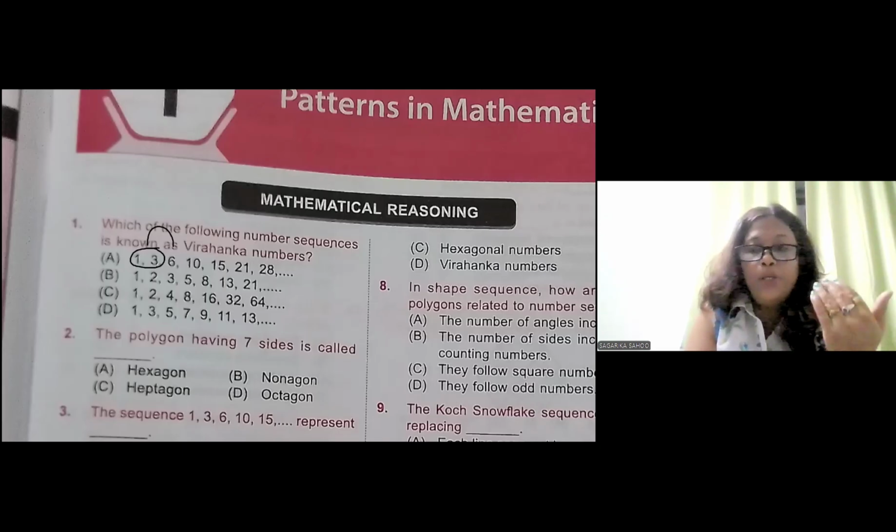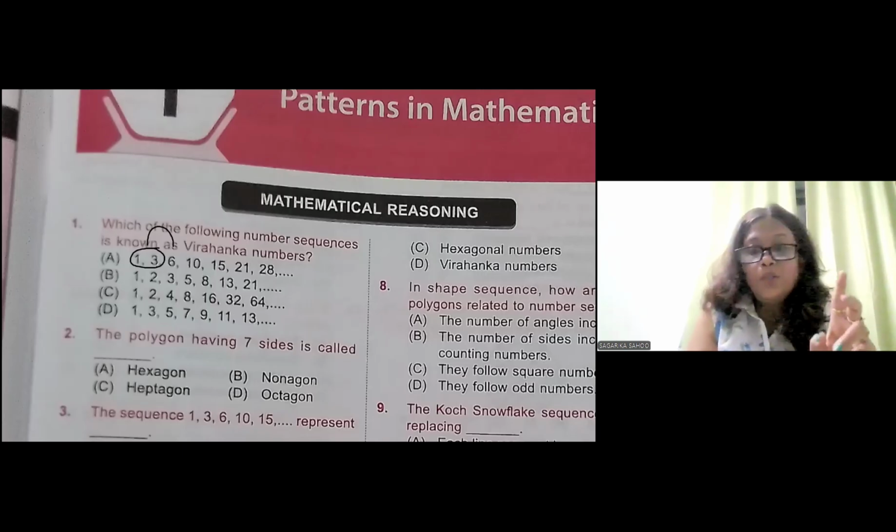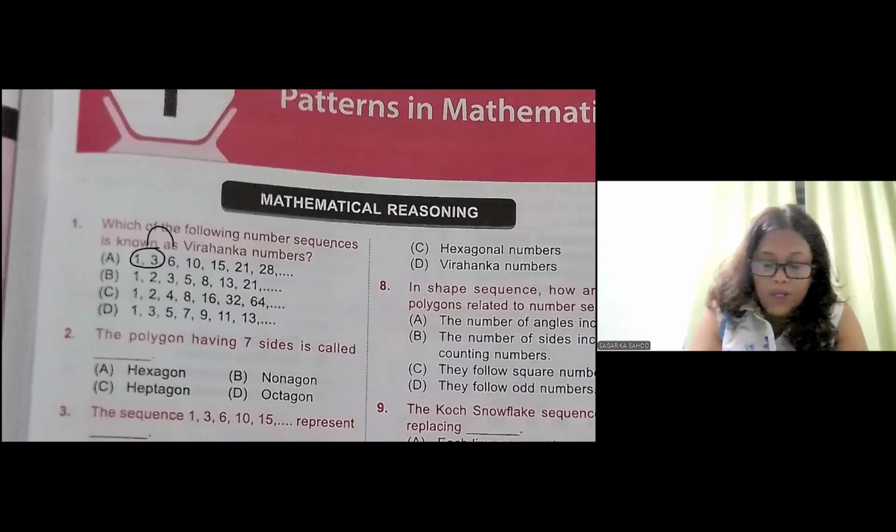So we are going to consider whether it is a Fibonacci sequence from the third number, because for the number you are checking, the two preceding numbers should total to it. So 1 plus 2 gives 3. Then 2 plus 3 adds up to 5. Then 3 plus 5 adds up to 8.